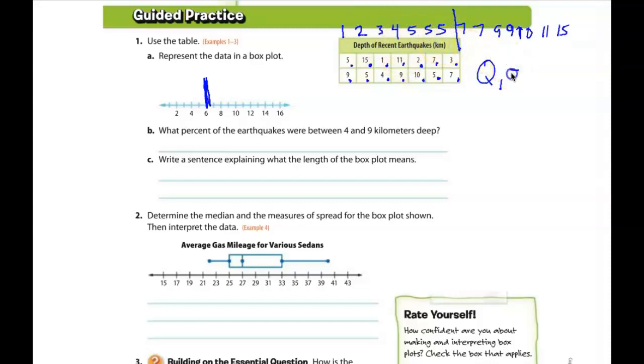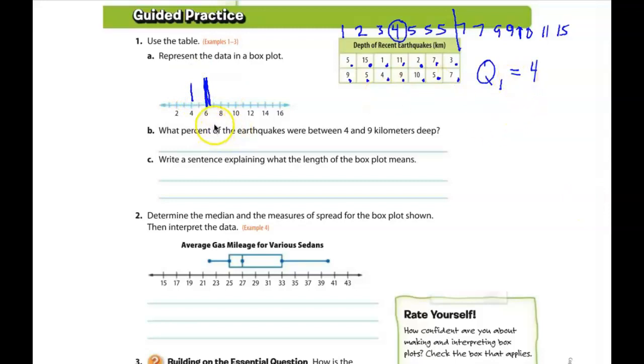Go ahead and answer that for me, please. If you said 4, you're correct. And so if you look at this, we have 1, 2, 3, and then we have 1, 2, 3. So there are 3 numbers to the left of 4 and 3 numbers to the right of 4. So quartile 1 is going to be 4. Good job. So I'm going to go ahead and draw that line over here where the 4 is.